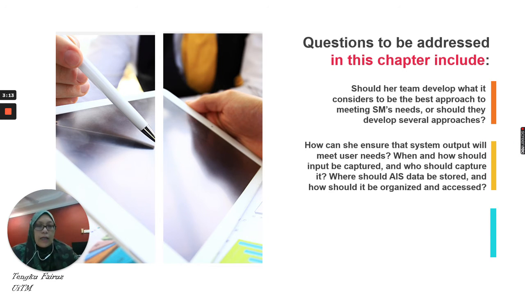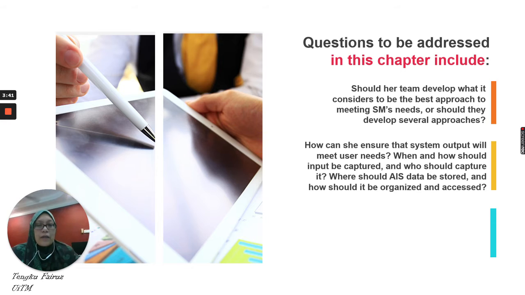How can she ensure that the system output will meet the users' needs? If they want to develop in-house, how can they ensure the output of the system meets the users' needs? When and how should input be captured, and who should capture it? Where should AIS data be stored, and how should it be organized and accessed?